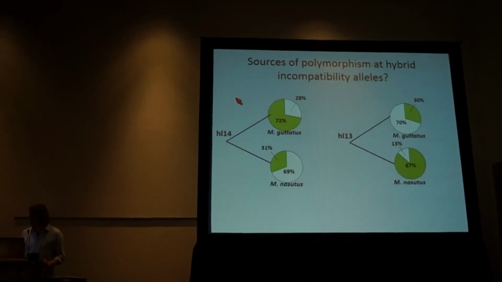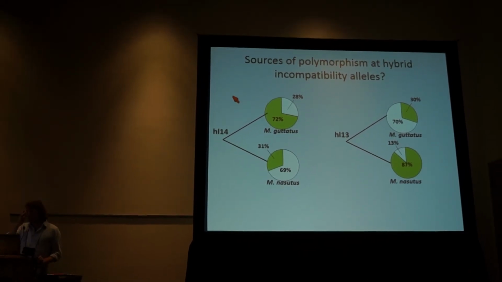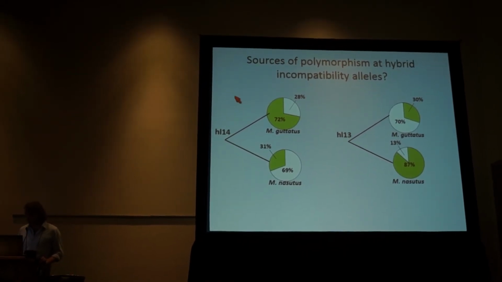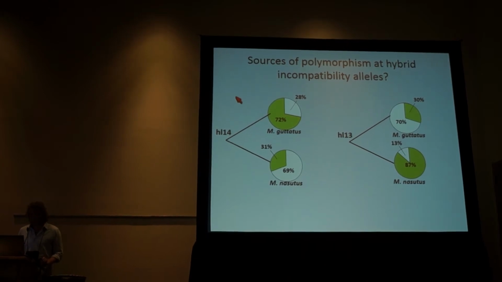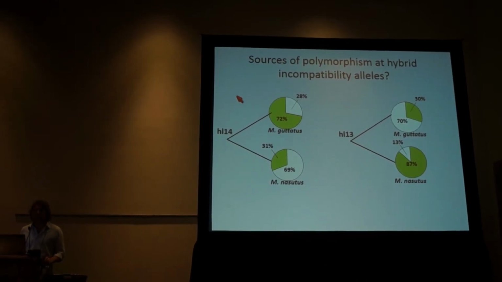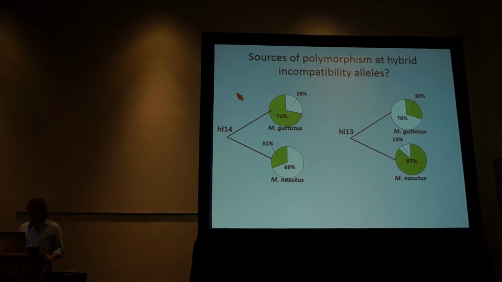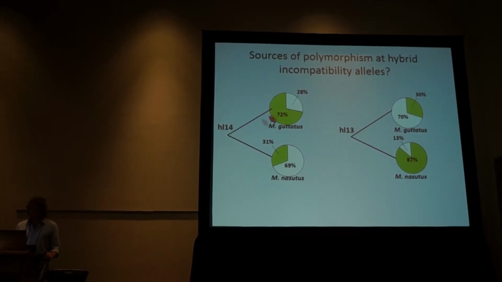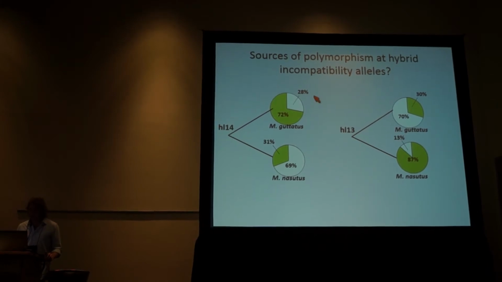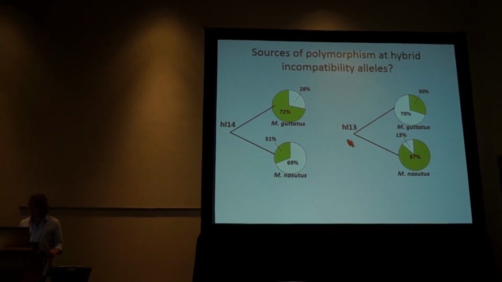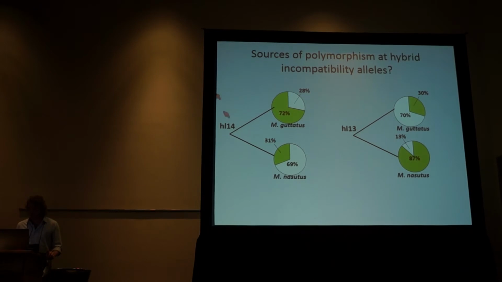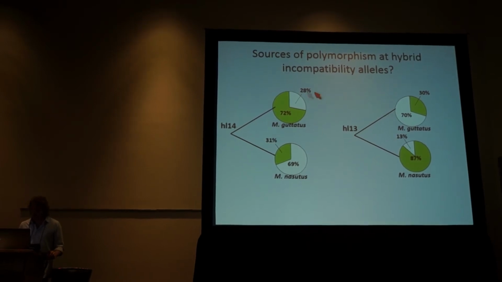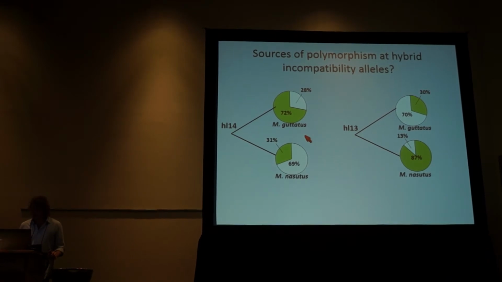It's very likely. So in the future, we want to ask some basic questions about what the sources of polymorphism at hybrid incompatibility alleles are. Here you can see hybrid lethal 14 diverging in Guttatus and Nasutus, and the same with hybrid lethal 13 here. We're interested in why we have this polymorphism at these loci.